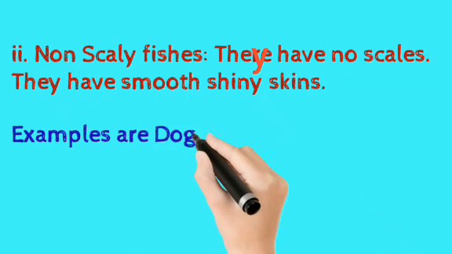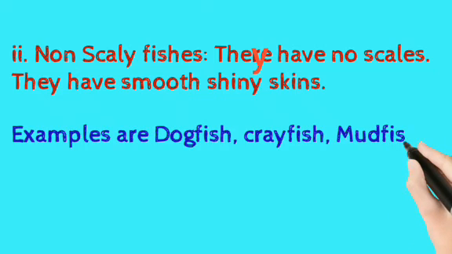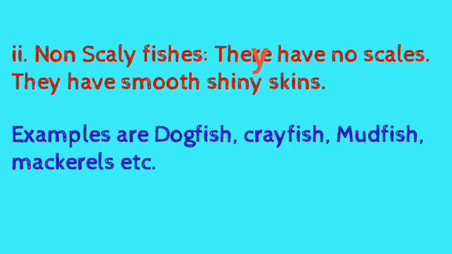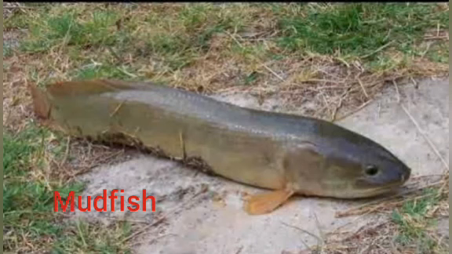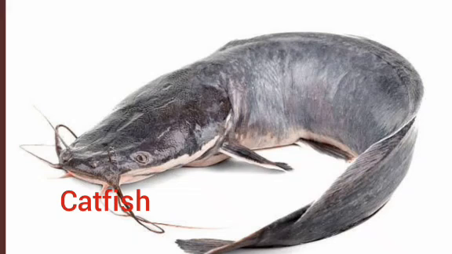Examples of fishes that are non-scaly in nature are the dogfish, the mudfish, the catfish, and mackerels. They do not have scales. This is the mudfish. The mudfish is non-scaly, and this is electric fish. Electric fish is equally non-scaly, and the catfish as well.